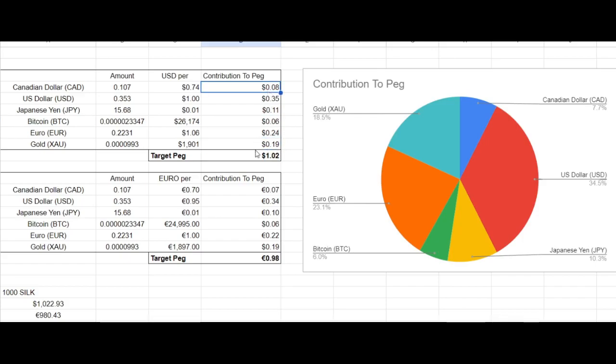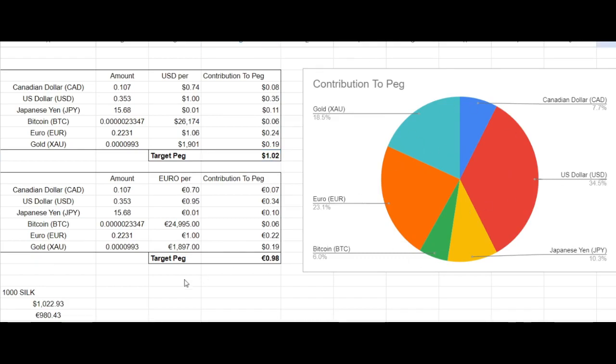And so the target peg is simply the sum of all of these different assets and currencies, all of their different contributions in relation to the amounts being tracked to the peg. All of this adds up to $1.02, and you can see the composition over here.